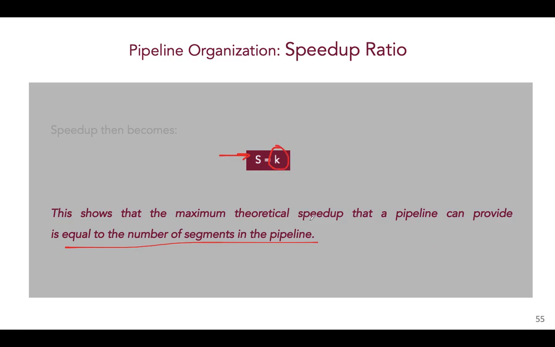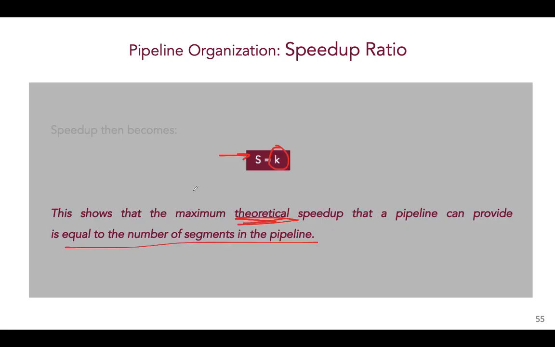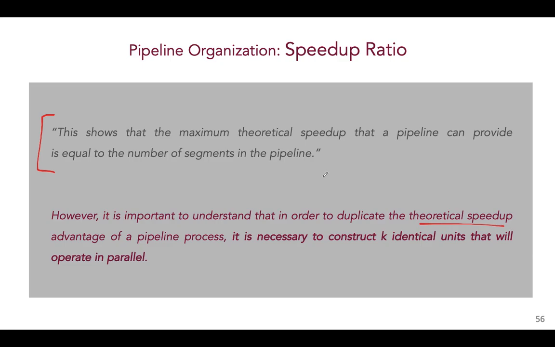Now this result is important, but what's more important to see is that the word we have chosen to use here is theoretical. Why is it theoretical? It is theoretical because it's important to understand that in order to duplicate this theoretical speedup, if you want to actually make a pipeline where S is equal to k truly, practically, not just theoretically, it is necessary to construct k identical units that will operate in parallel.